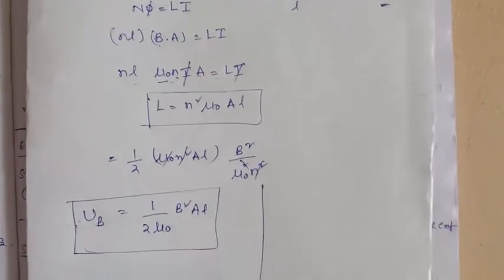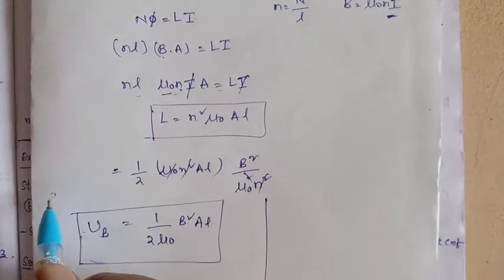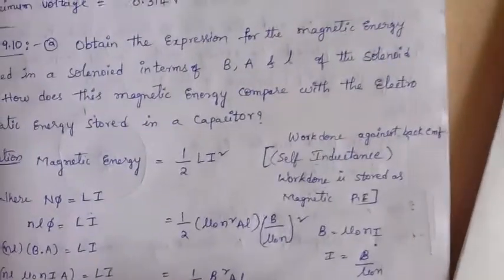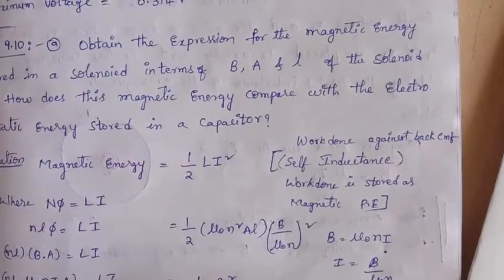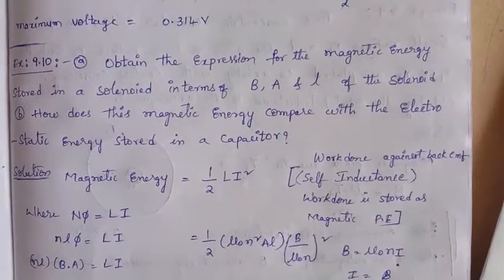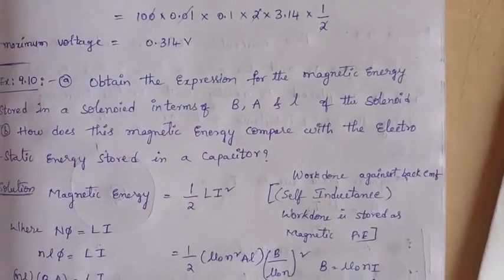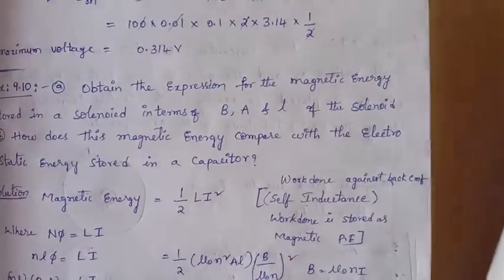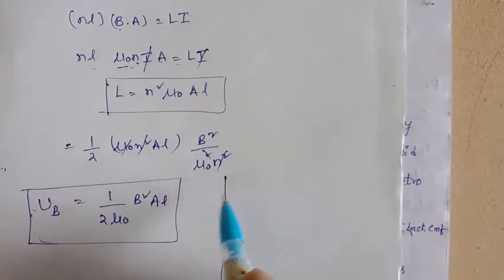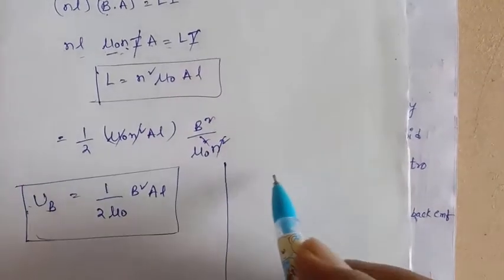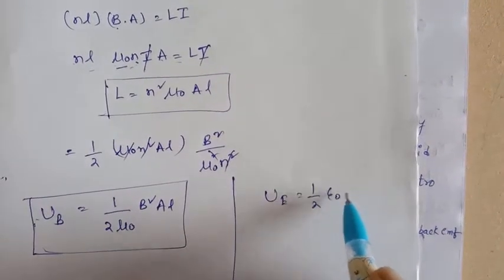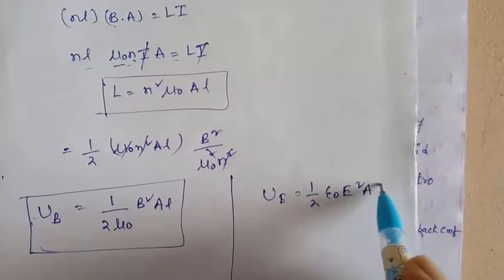That is up to problem A; next, in part B: how does this magnetic energy compare with the electrostatic energy stored in a capacitor? You have to refer to page number 201 in your textbook. The electrostatic energy stored in a capacitor is UE equal to half epsilon naught E square into AD.